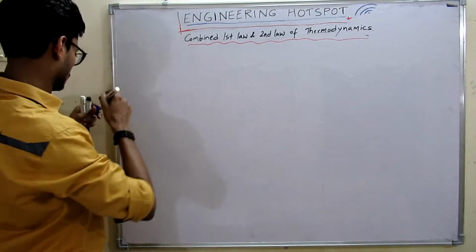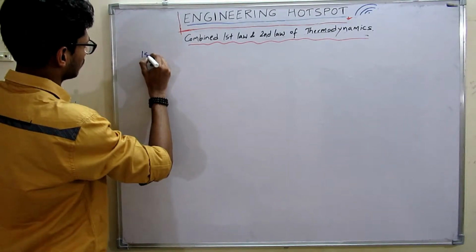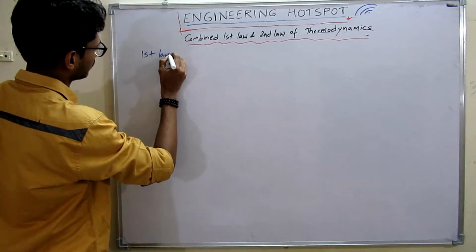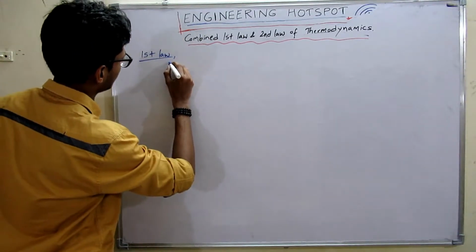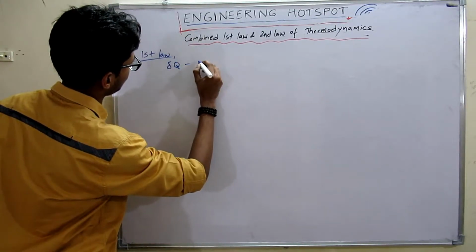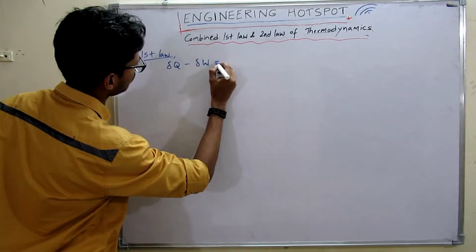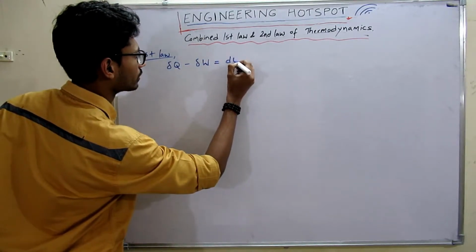First, let me write the first law. First law of thermodynamics. First law says that dQ minus dW is equal to dU.